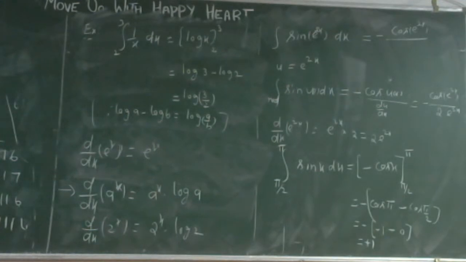Log 2 base e is 0.693. So if you remember, you can write it as 0.693 into 2 power x, otherwise you can keep it as it is, no problem. Okay? So this is how you get it. This is another formula you have to remember. D by dx of a power x is what? A power x into log a base e. Is it clear? Right?